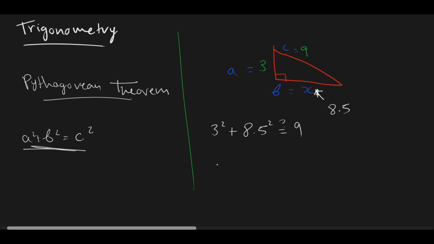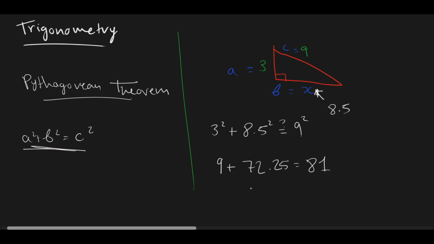I will do it in the calculator. 3 squared, which is 9, plus 8.5 squared, which is 72.25, should be equal to 9 squared, which is 81.